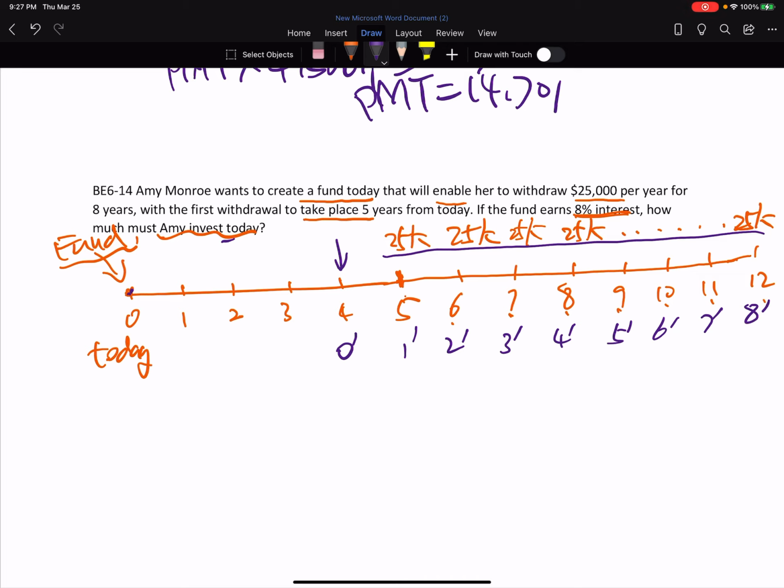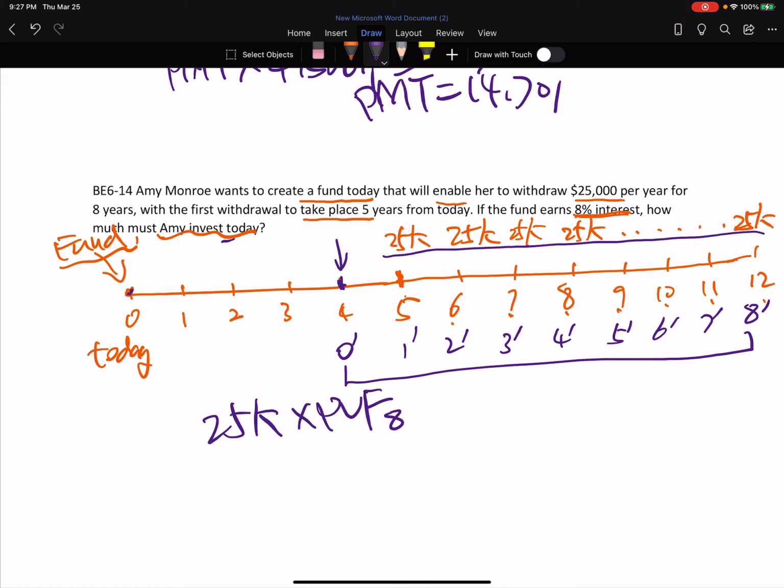So it is an 8 period annuity, right? We first calculate the present value at 4. So it's 25K multiplied by the present value factor, 8 periods, 8%.